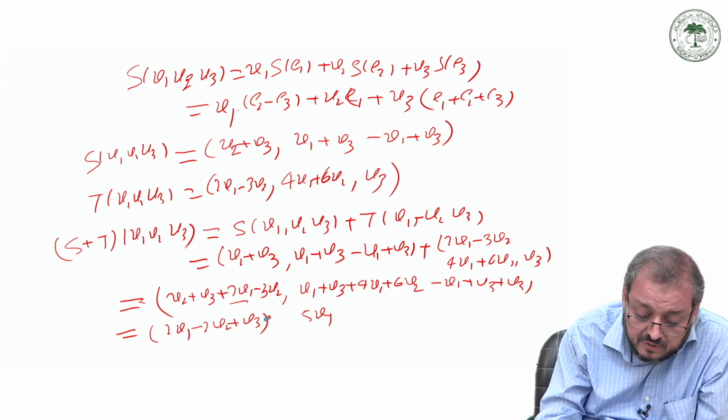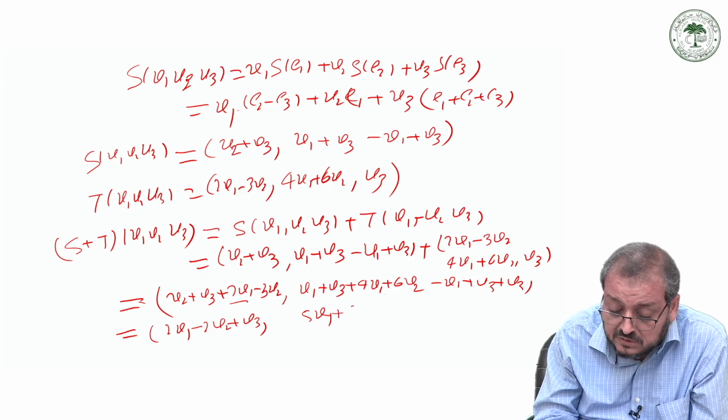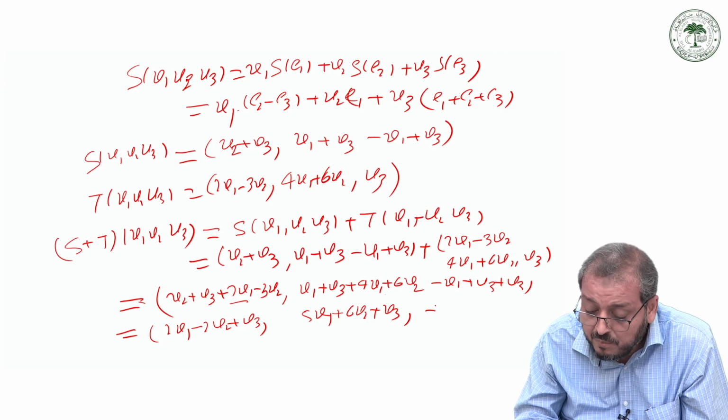I just say that this is equal to 5 times of v1, plus 6 of v2 and plus v3, and then minus v1.